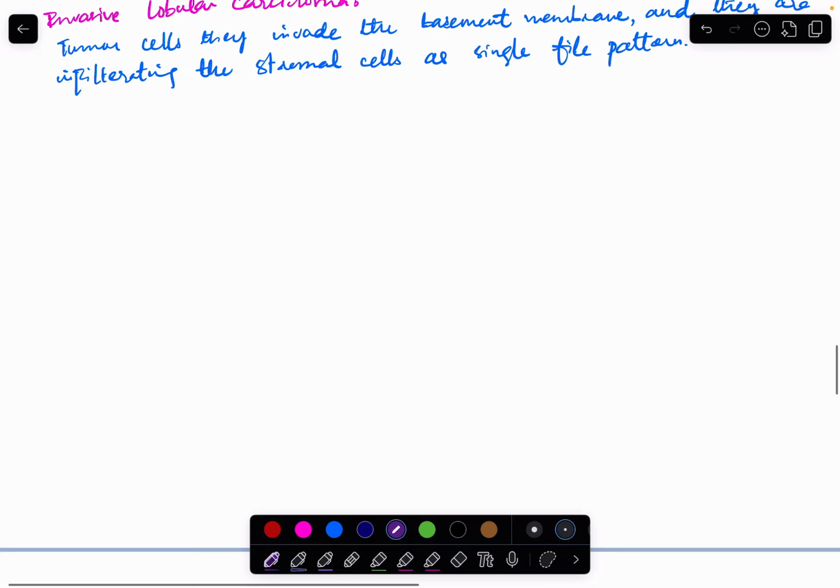Means if this is a lobule, right? Multiple lobules we talked about. These are the tumor cells. And they are invading the basement membrane.